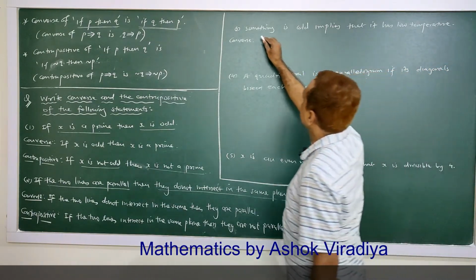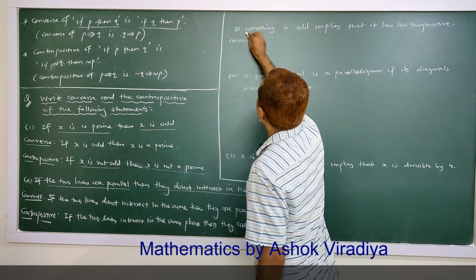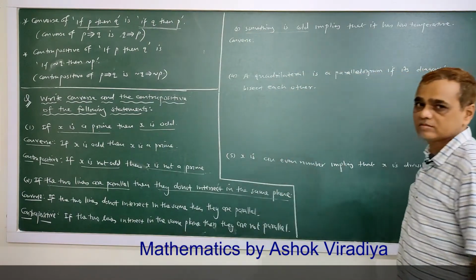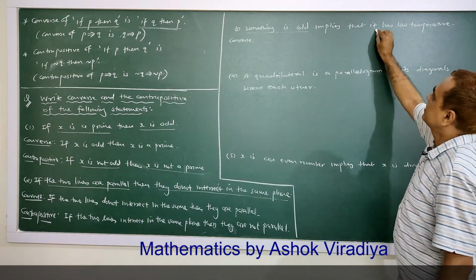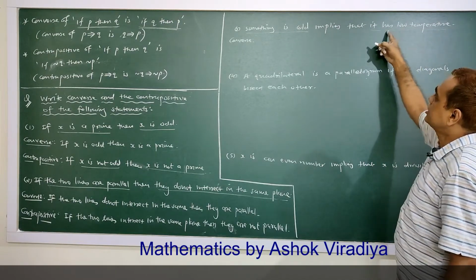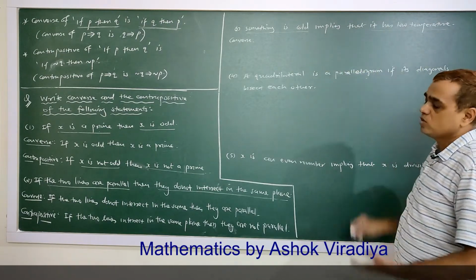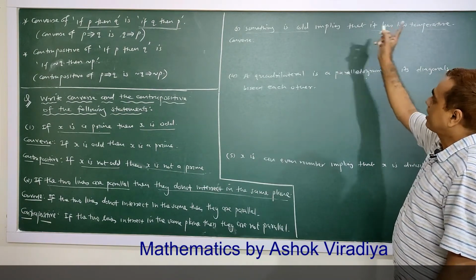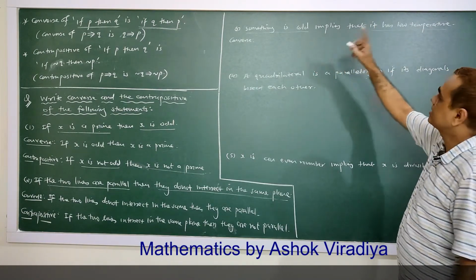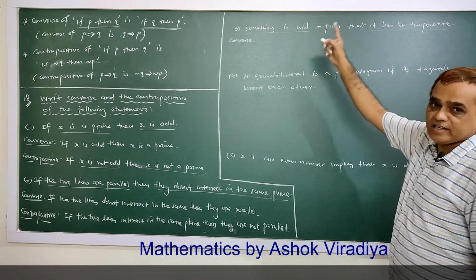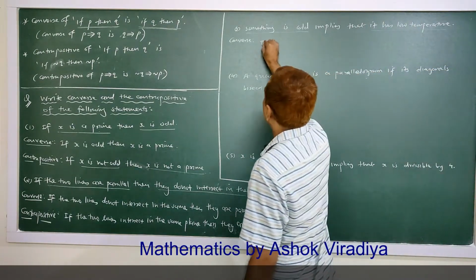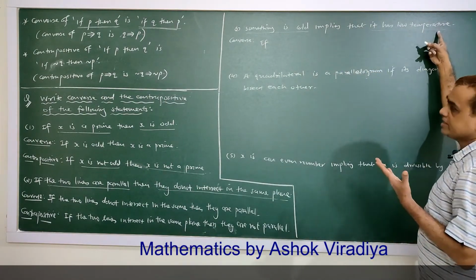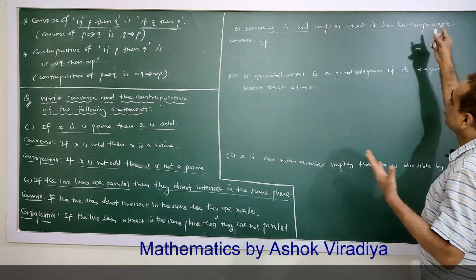Say this part is P, something is cold, implies that it has low temperature, this is Q. P implies Q. Now converse is Q implies P, means if Q then P. So if it has low temperature means something is at a low temperature.